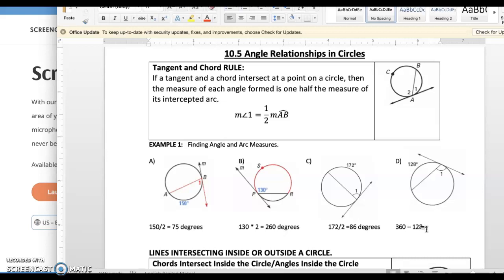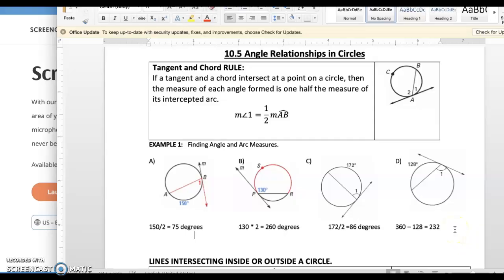So once you do that, you should end up with 360 minus 128, 230, hold on, doing the math in my head, 232. So that means angle 1 is intercepting this arc of 232 degrees. Then you just divide 232 by 2, and that will give you the measure of angle 1, which is 116 degrees.